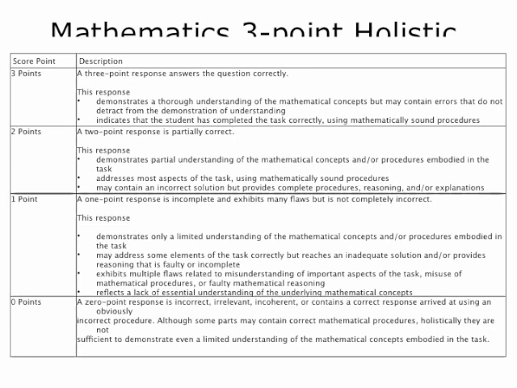Let's begin to read through the rubric, beginning with a 3-point response. A 3-point response answers the question correctly. It demonstrates a thorough understanding, but it may contain errors that do not detract from the demonstration of understanding.